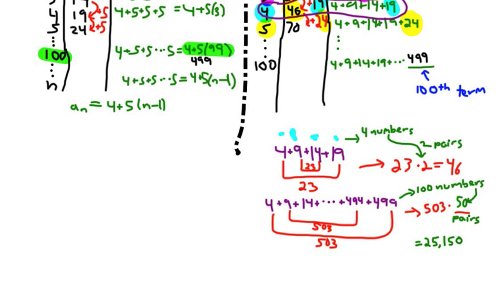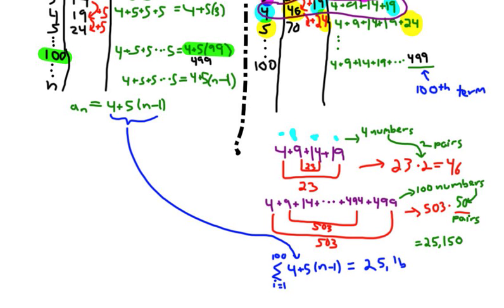This is it. I'm going to show you how to write that using summation notation, which we learned the other day. So sigma, which means sum, we're adding up from 1 to 100. Well, what are we adding up? We're adding up the terms of a sequence, but we have to say what sequence it is. Well, the sequence is just the direct rule of the sequence. So that would be 4 plus 5 times (n minus 1).